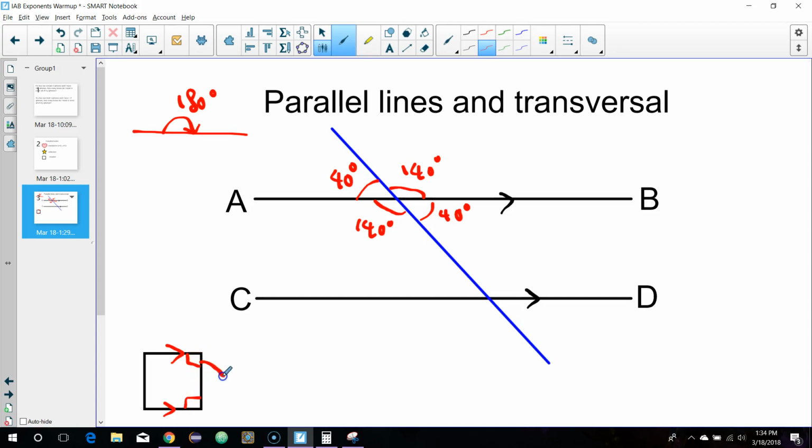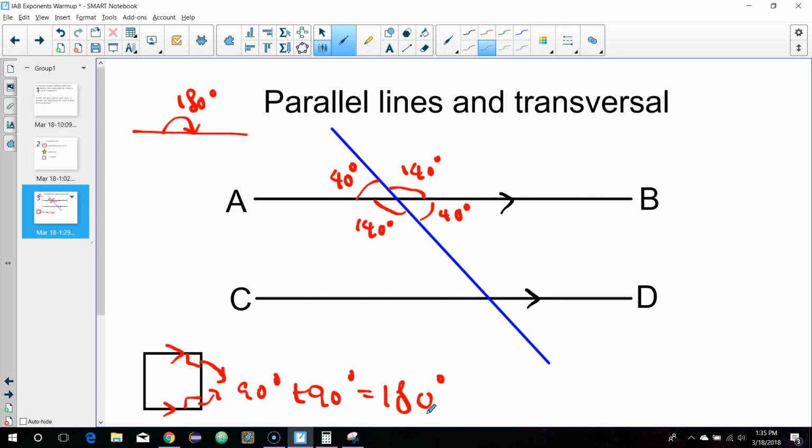So these two things, we add them up, 90 plus 90 is equal to 180. For the time being, I don't have a lot of ways to describe this scenario. But I know if I pick up a rectangle, and they are parallel, then these two angles at the corner are going to add up to 180.